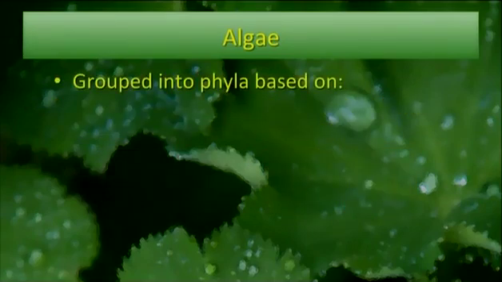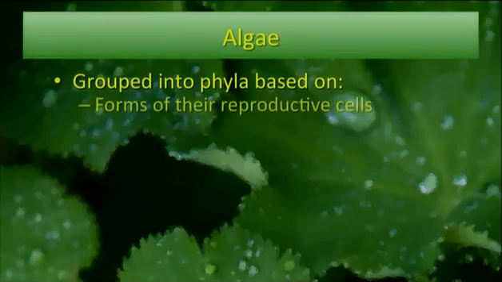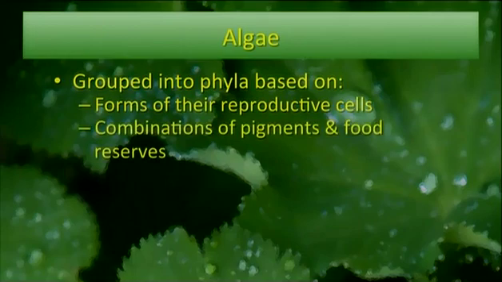They're grouped into phyla or divisions based on the forms of the reproductive cells, the combinations of pigments that they have, and the food reserves that they store.